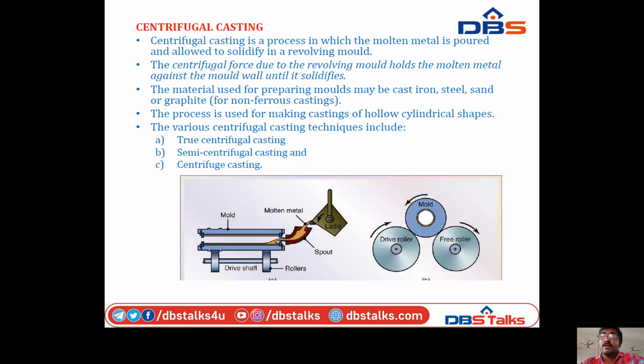Next, centrifugal casting. Centrifugal casting is a process in which the molten metal is poured and allowed to solidify in a rotating mold. The centrifugal force due to the rotating mold holds the molten metal against the mold wall until it solidifies.